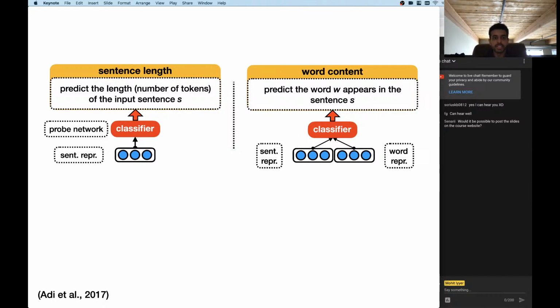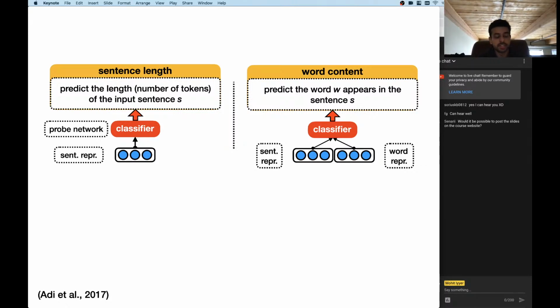So this is a classifier that has two different inputs, a sentence and a word. It's obviously important to know whether the model knows exactly what words are in the input sentence, because this is a compressed representation of the sentence. Perhaps some of the words in the sentence it doesn't know about, but important words it does.